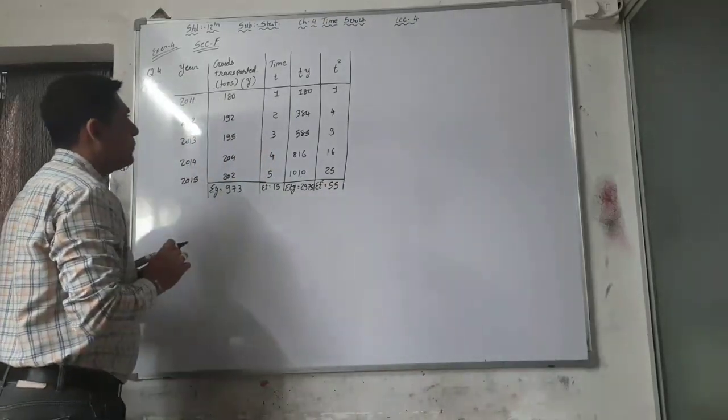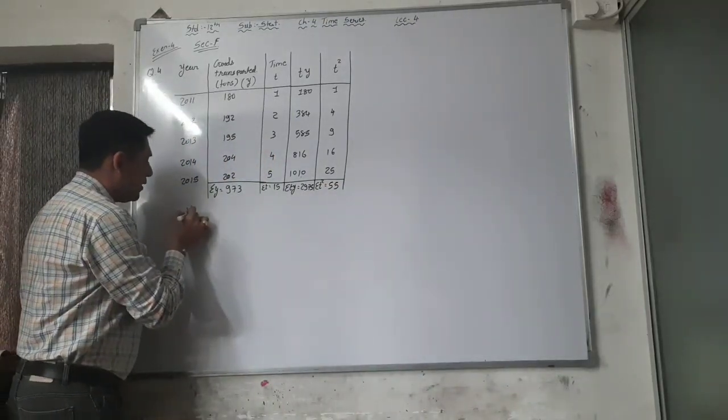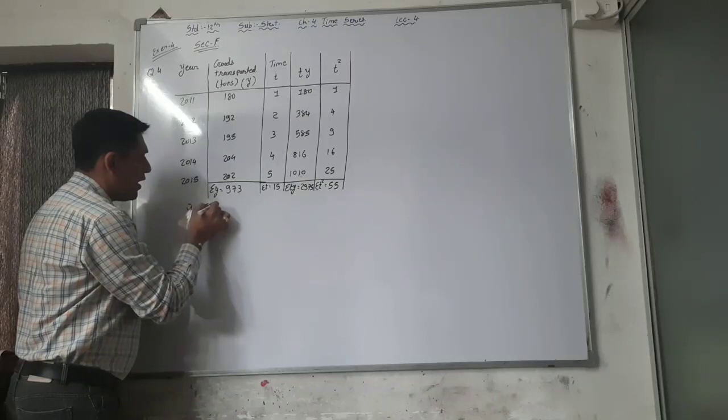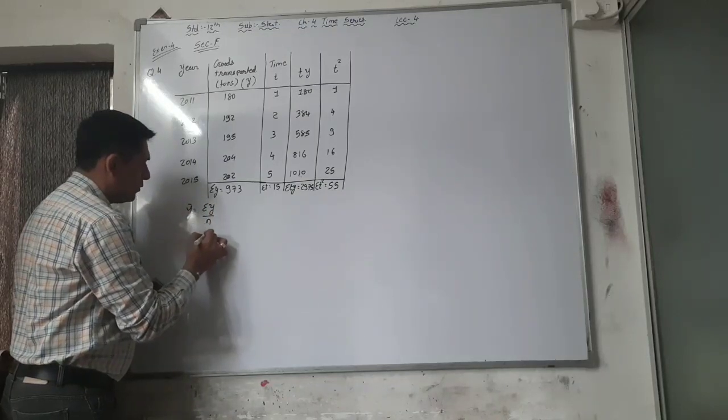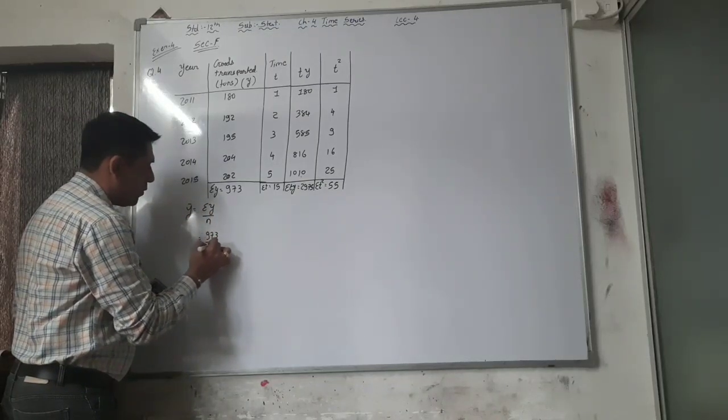Now we have the data. First of all, we have to find out y bar, that is sigma y upon n, 973 divided by 5.